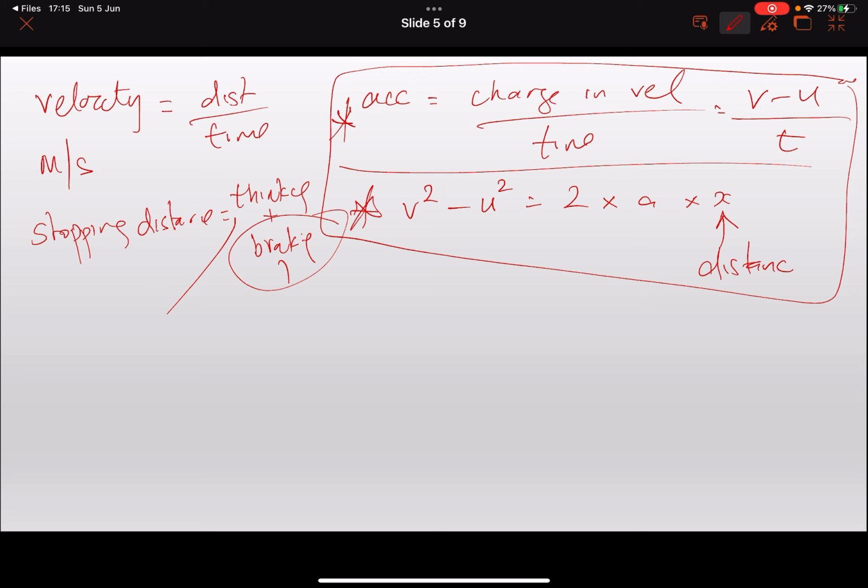The next topic that is being tested on is topic 3, which is on conservation of energy. The law of conservation of energy is that energy is neither created nor destroyed.